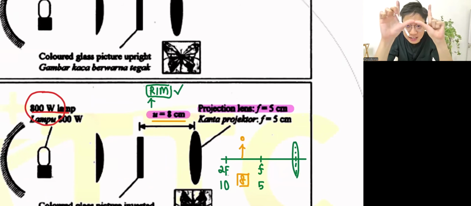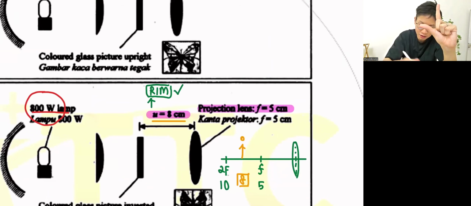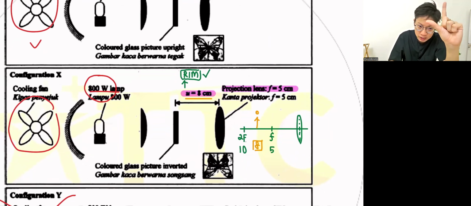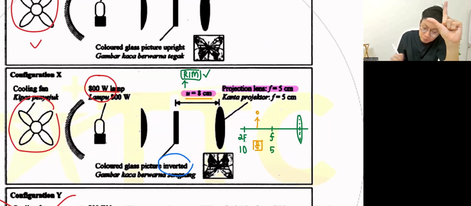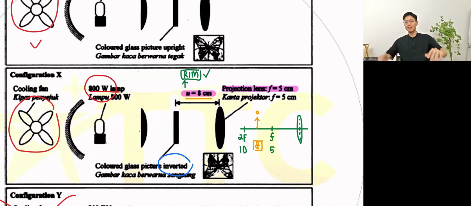Anybody got any idea how to get an upright image? So what we can do is when we put the picture in, we put it the other way round. So when I put the picture inside, I put it like that, so by the time it goes to the screen, it will become the correct orientation.